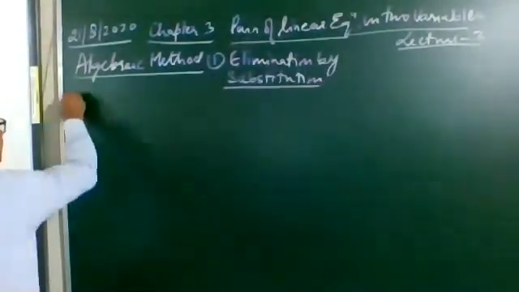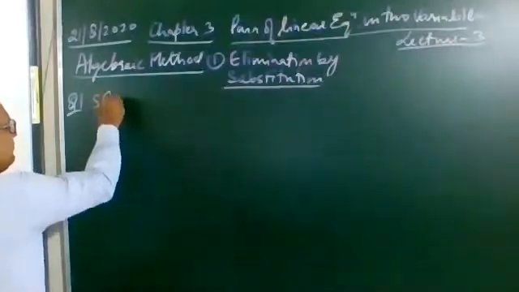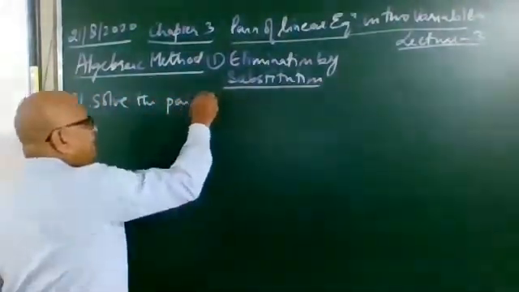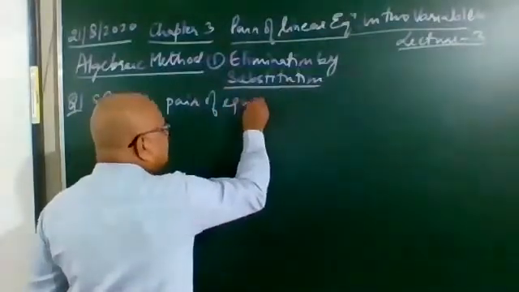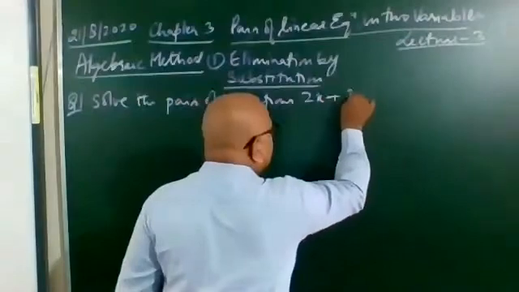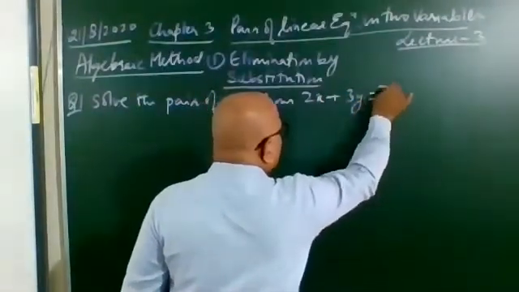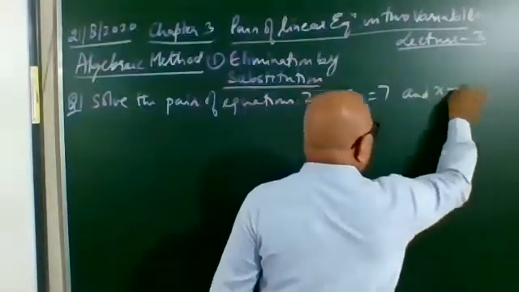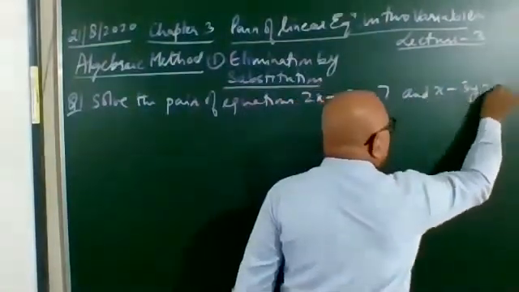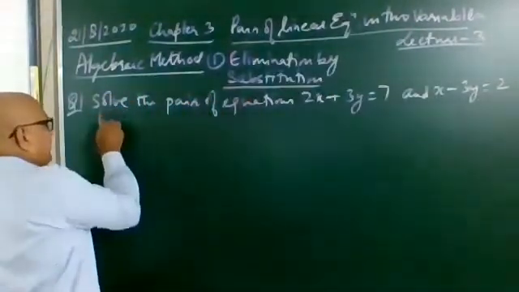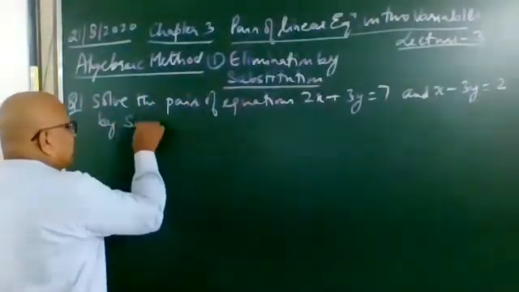So the question is: solve the pair of equations 2x plus 3y equal to 7 and x minus 3y equal to 2 by the substitution method.